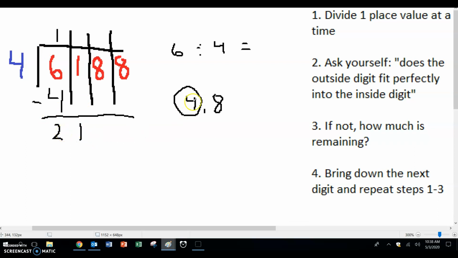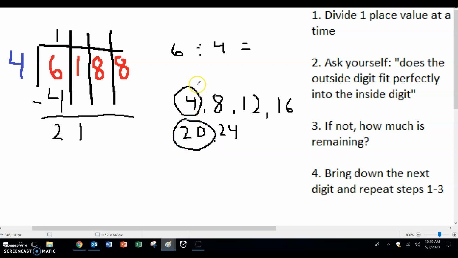Let's double check. 4, 8, 12, 16, 20, and 24. So it looks like the closest we could get to 21, skip counting by 4, without going over, is 20.